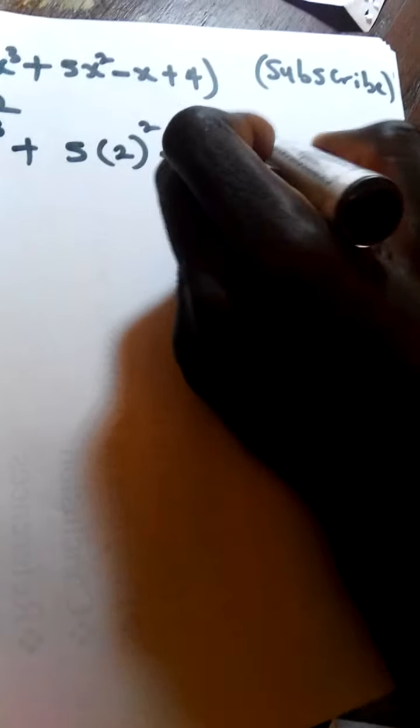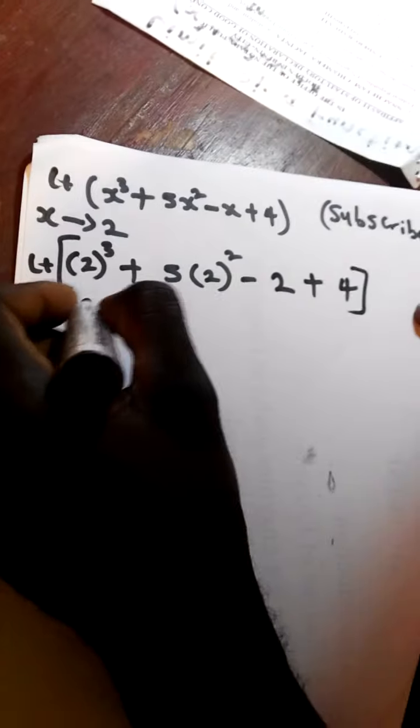Now, when you do direct substitution of 2 in place of x here, we say 2 to the power of 3 plus 5 into 2 to the power of 2 minus, substituting for x, 2, plus 4. Now don't forget to put your limits because we're working on limit of function as x approaches 2.